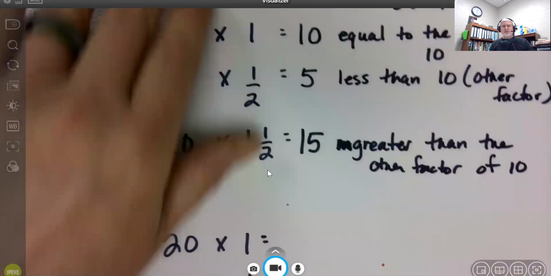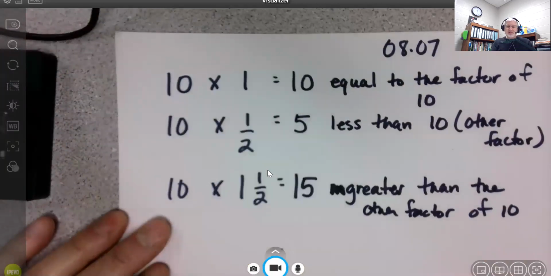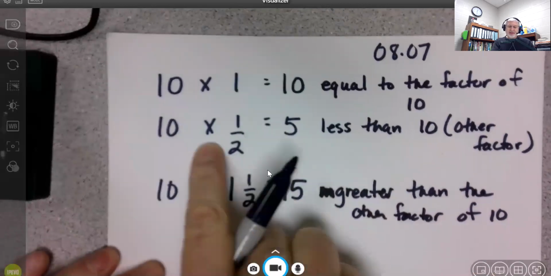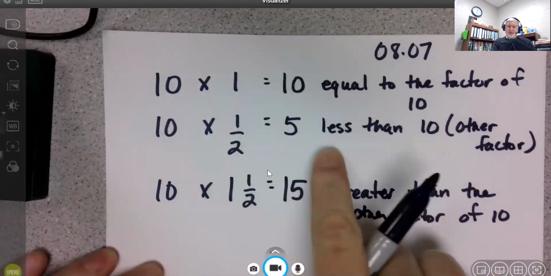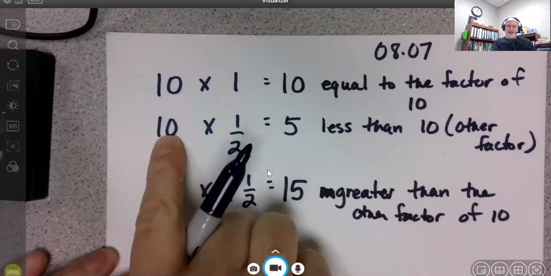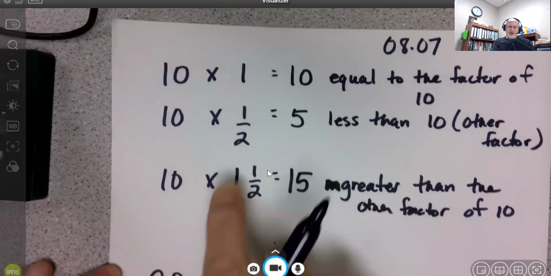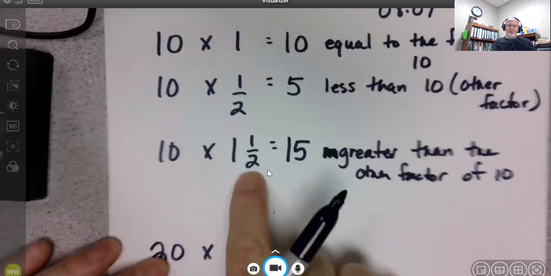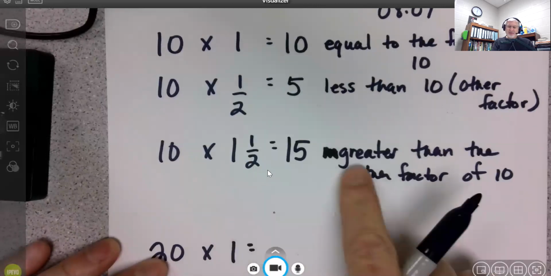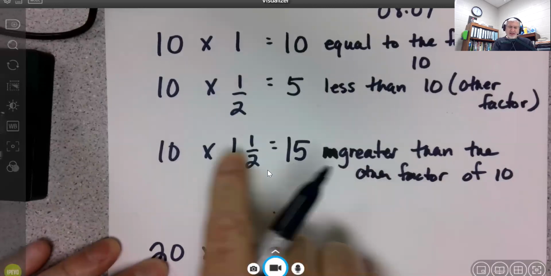Okay, so there's a pattern here. When I multiply 10 times 1, it's going to equal my other factor, which is 10. I multiply 10 times 1/2, then my answer is going to be less than my other factor. It's going to be less than 10, because I'm multiplying by a number less than 1. If I multiply my 10 times a number greater than 1, like 1 and 1/2, then my answer is going to be greater than the other factor. So 15 is actually greater than 10.